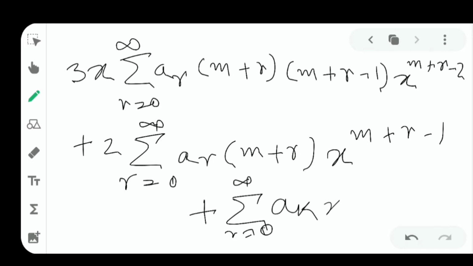We use r, so we can't write a_k, we write a_r x to the power m plus r. Now we have to calculate here.